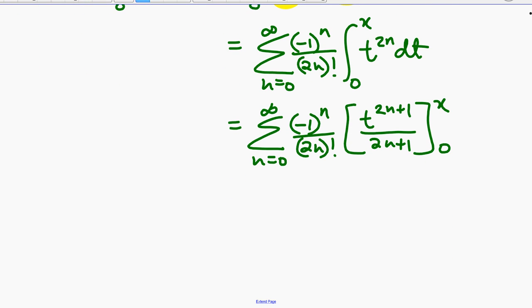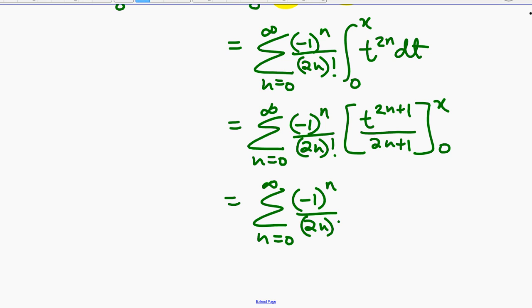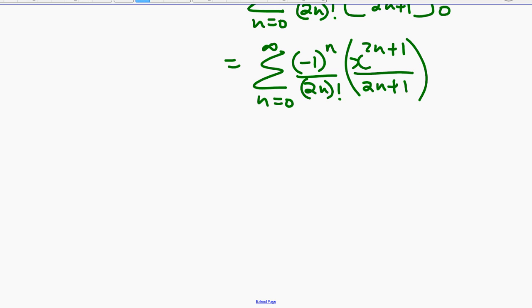So this will be the sum from n equals 0 to infinity of negative 1 to the power n over 2n factorial, times x to the power 2n plus 1 over 2n plus 1, because if you plug in 0, then it's all gone. That would just be minus 0.